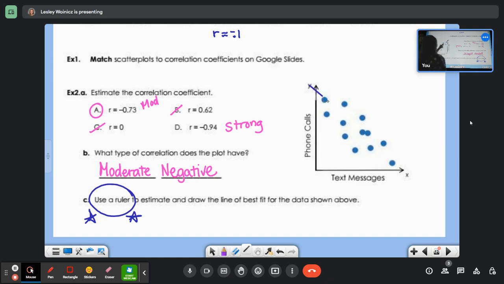Instead, I want to make it go with my data and have half above and half below. That looks pretty good. Arrows on the end, and we're done. So make sure you use a ruler.